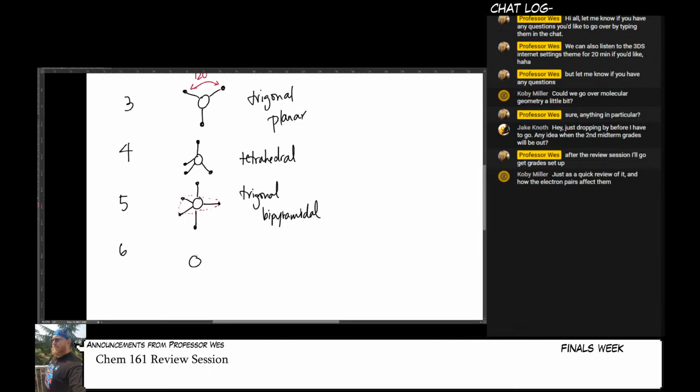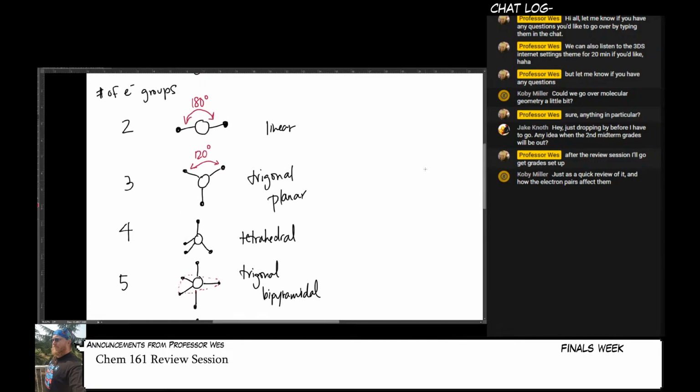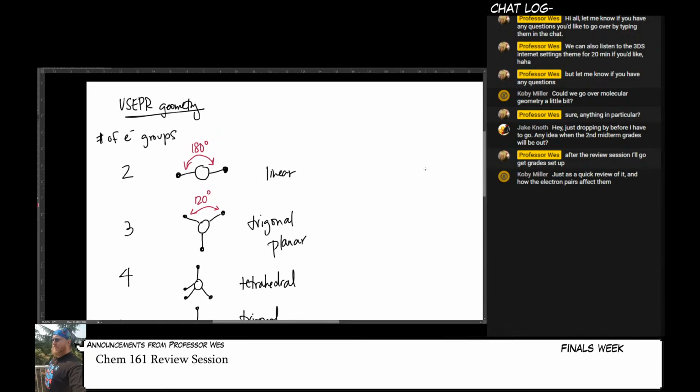And then the last one's octahedral. All right, so that's the VSEPR geometry, or electron pair geometry. I forget which one your book calls it.